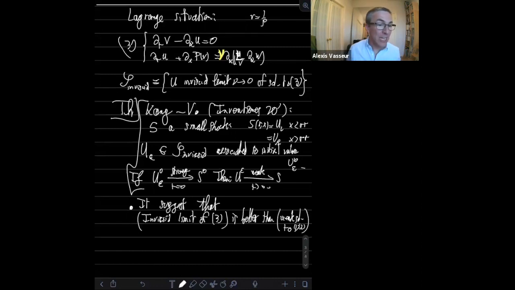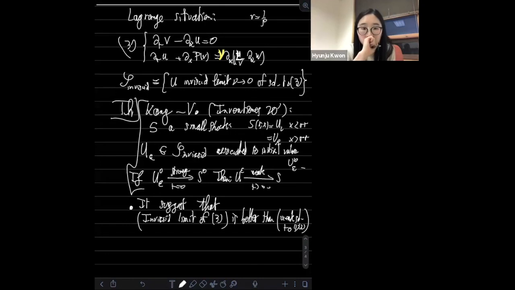I say it suggests because I don't know yet how to show that you can actually construct things which are out of whack with non-strong trace. But it seems that it's better, even if my inviscid limits may not be weak solutions, they behave better in this way.